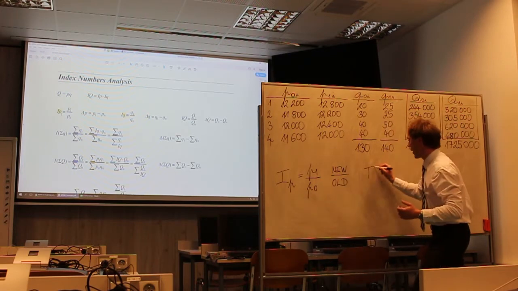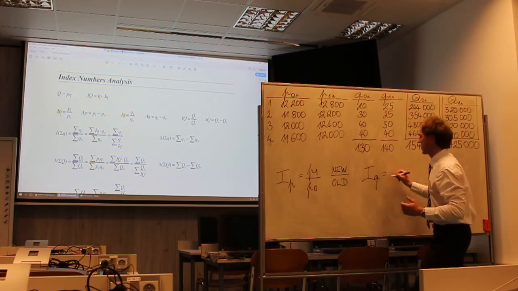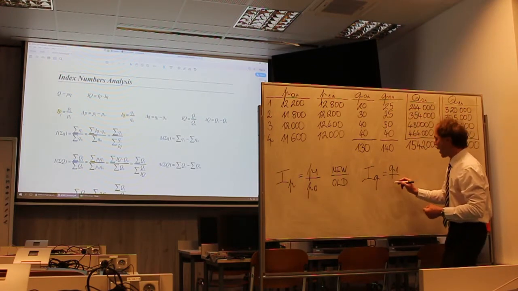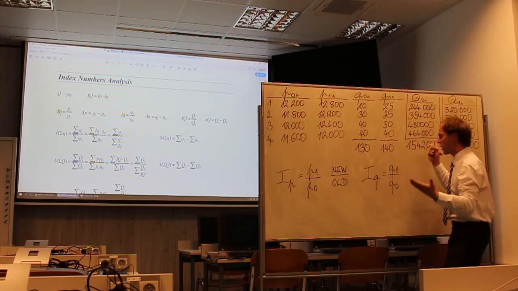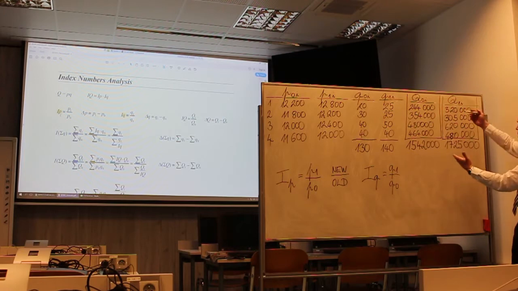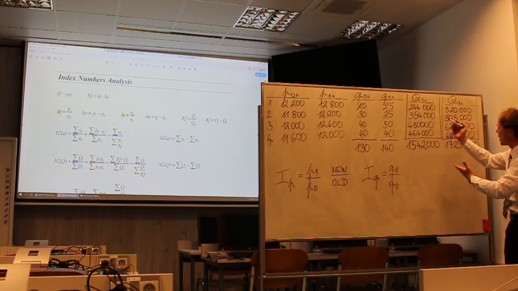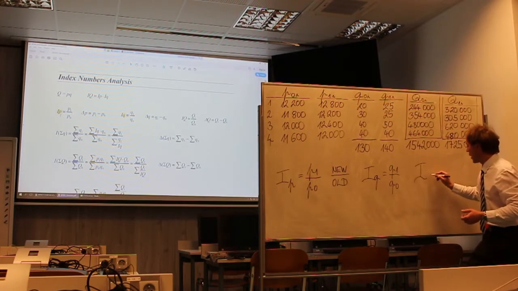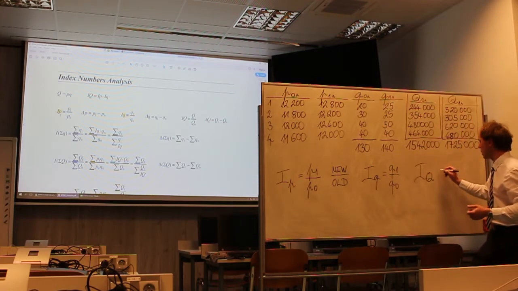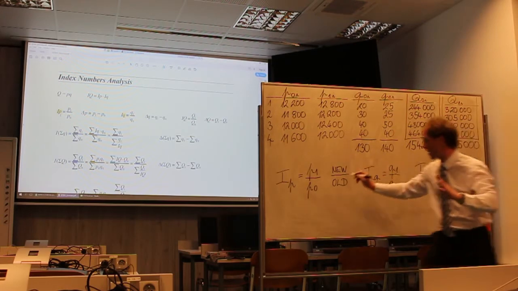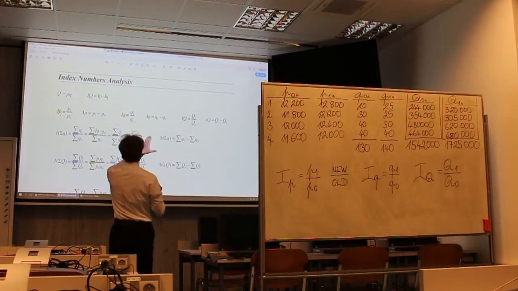Or index for quantity: new quantity, Q1, divided by old quantity, Q0. And for monthly salary fund, sum of money, index is calculated like capital Q1 divided by capital Q0. So every time, new divided by old.